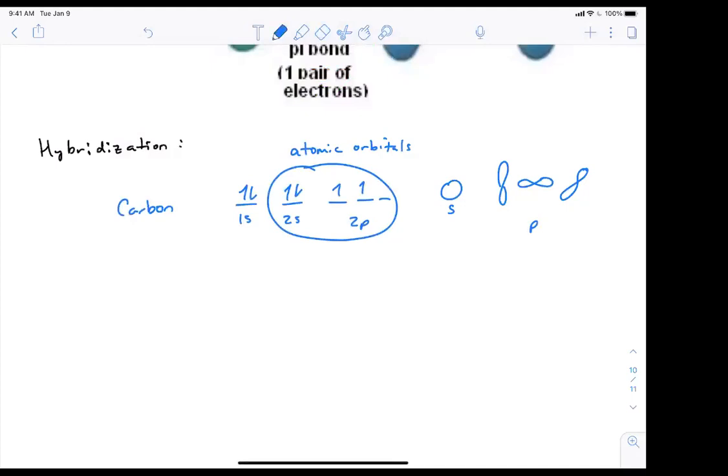The problem is we know carbon bonds 4 times, and the way carbon is atomically arranged, it doesn't make sense. And the problem is these have different energies. 2s has a much lower energy than 2p. So it doesn't make sense for an electron to jump up into the 2p to evenly distribute, because it takes more energy.